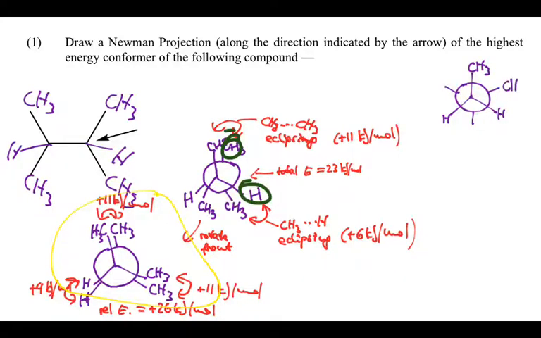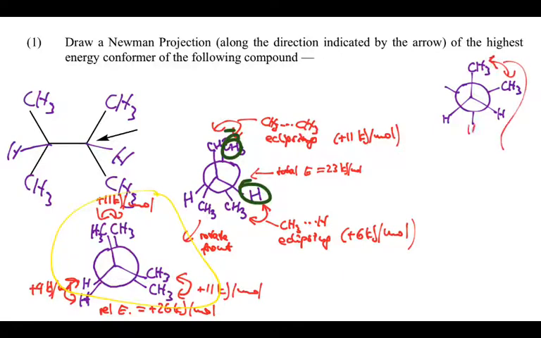It really occurs between two methyl groups or something bigger than H. So if here this is H, there's no real gauche interaction because the H is too small to have a gauche interaction. But if you have a methyl group right here, then you will have a gauche interaction.